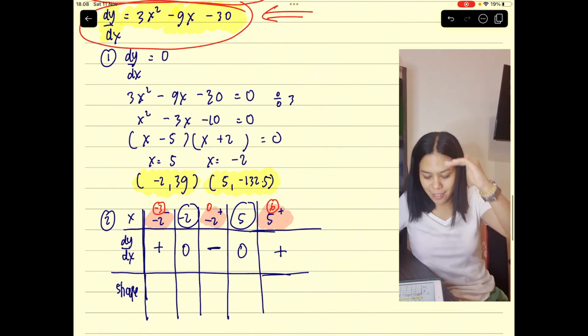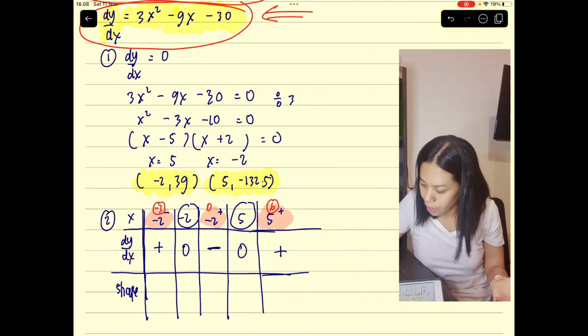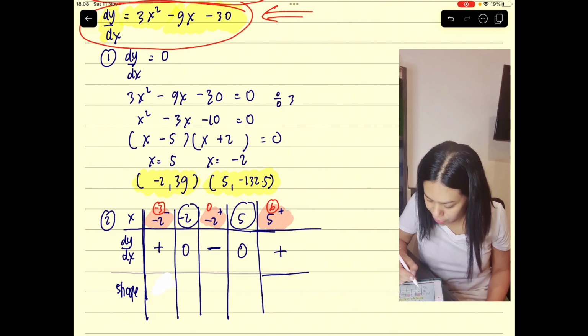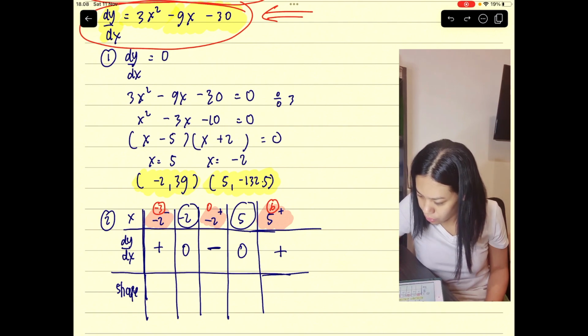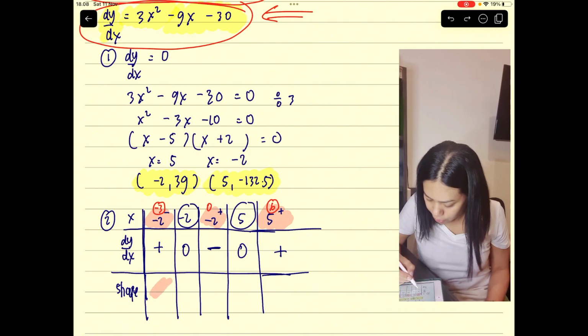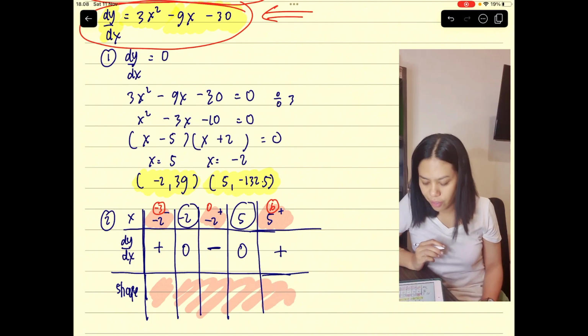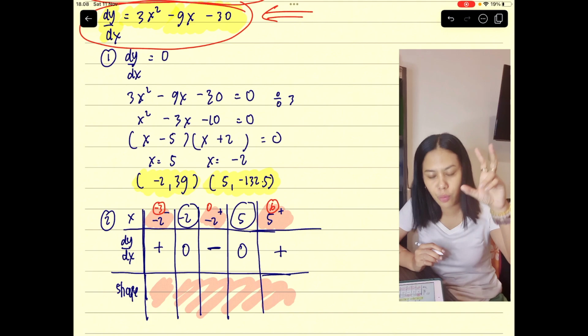So let's fill in the next boxes on the table. How do we fill that? Now we're gonna look at the dy over dx.